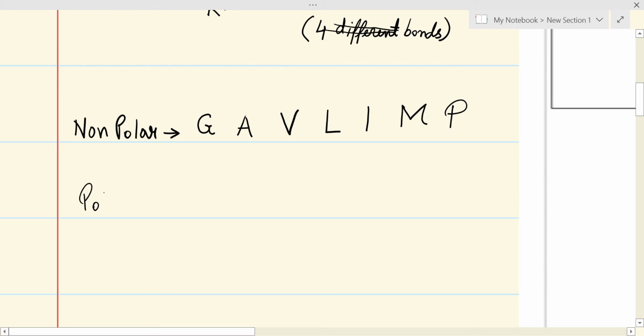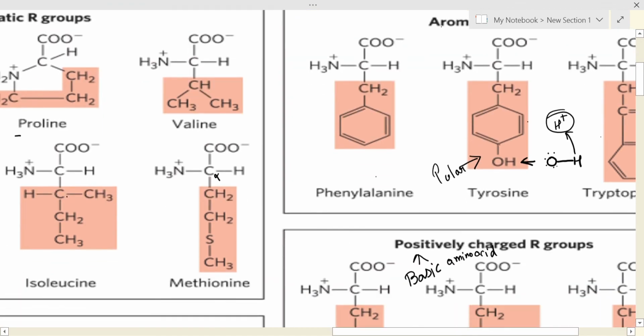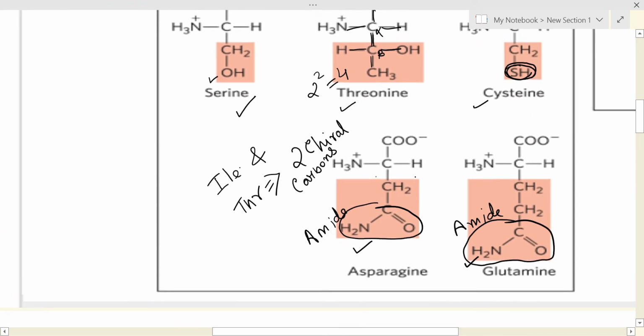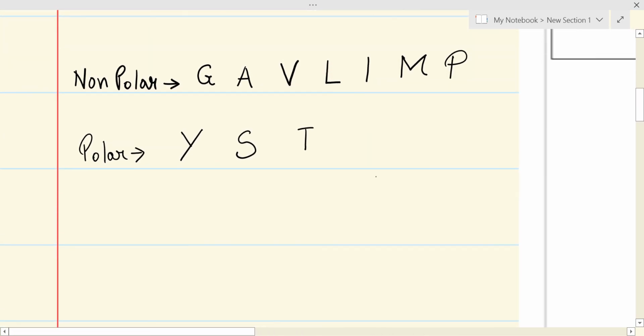Polar amino acids: we have tyrosine, serine, threonine. What else do we have? Let me check. Threonine we have, cysteine we have.